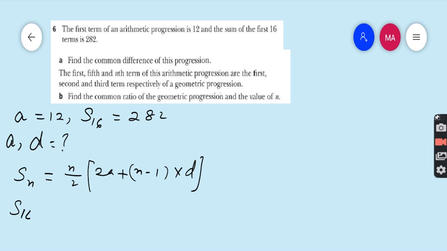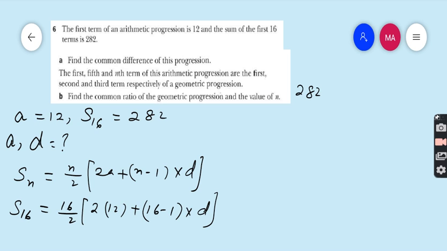S16 is equal to 16 upon 2 into 2a, a is 12, plus 16 minus 1, d is unknown. S16 is given 282. 16 upon 2 is 8. 12 2s are 24. 16 minus 1 is 15, 15d.